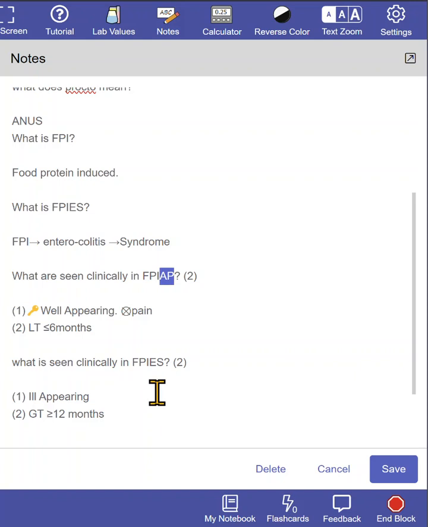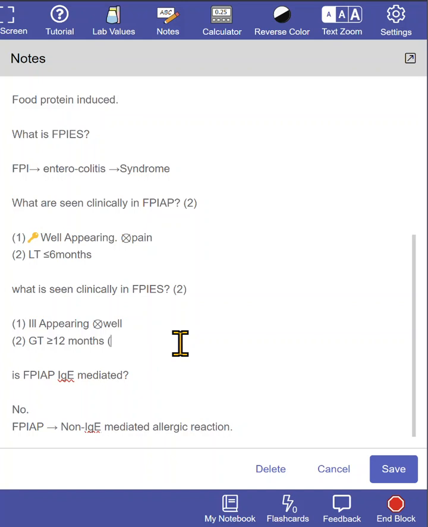Whereas if you were looking at food protein induced enterocolitis syndrome, you'd have ill appearing, and greater than 12 months, so older than 1.